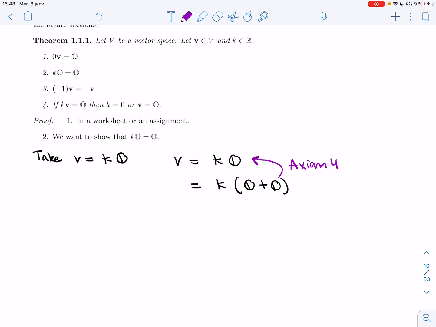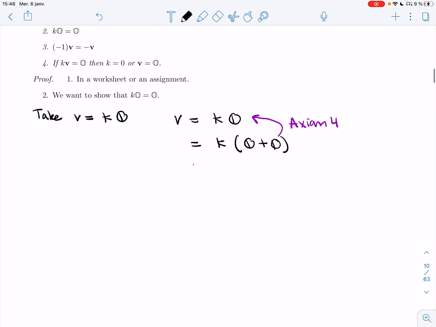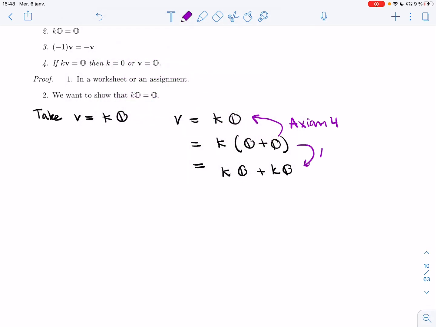Now, we know that we can distribute a real number over a sum of elements. So here I'm going to distribute and get k0 plus k0. This is by axiom 7, the one that tells me that I can distribute scalar multiplication over an addition.